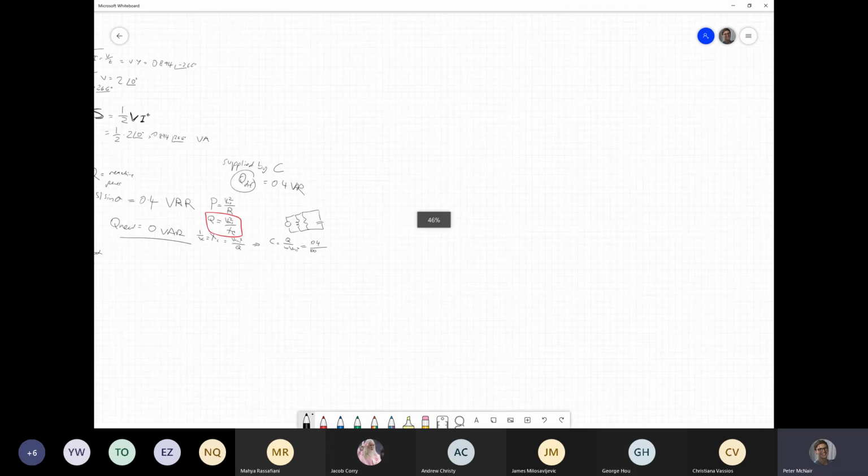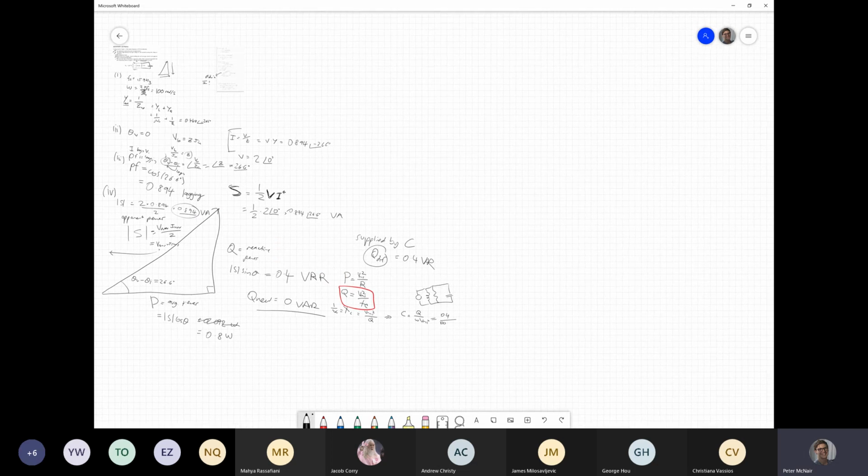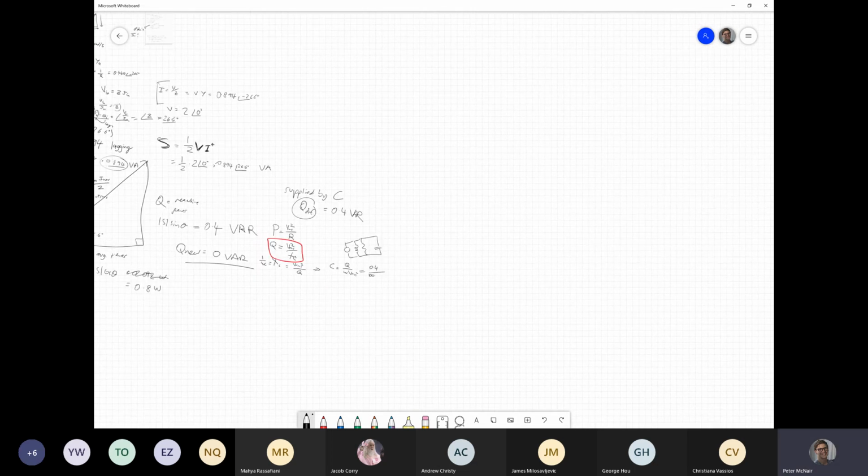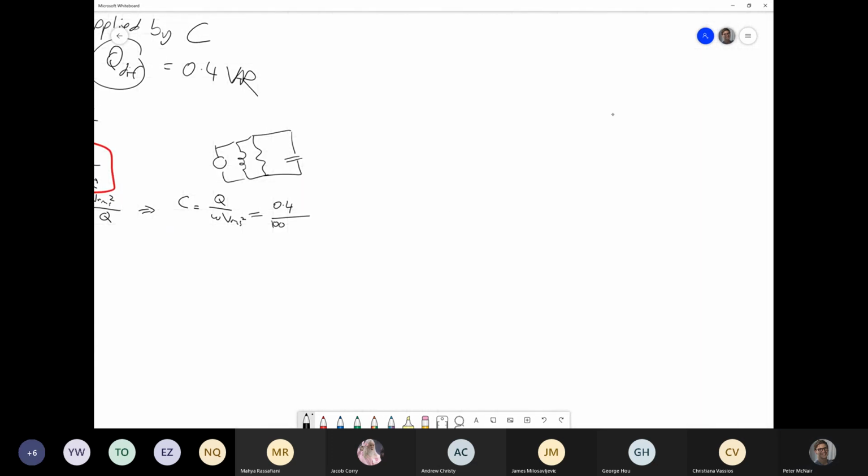Something like that. 100, and then our V squared is just going to be 2 on root 2 squared. 100 times 2 on root 2 squared. So that's that.